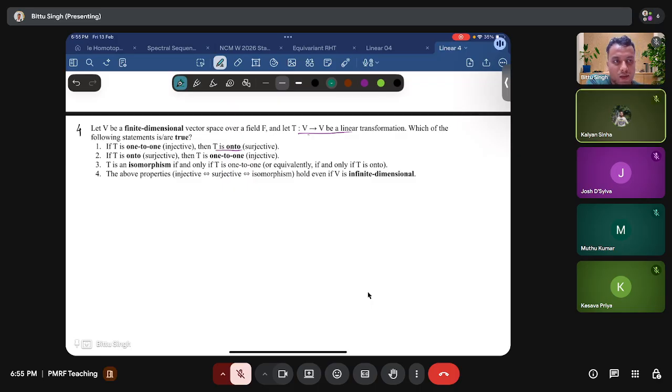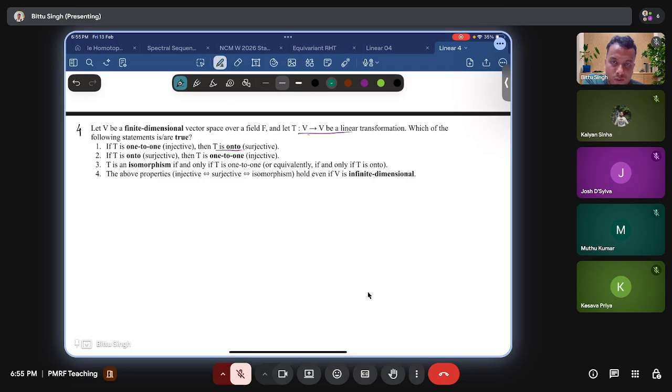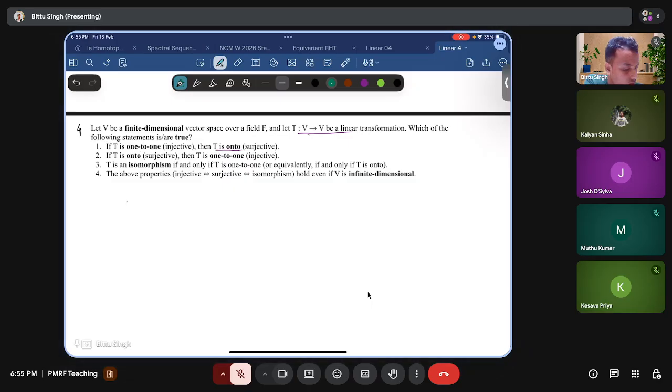So for finite dimensional, which theorem will you use in this case? You use the rank nullity theorem, right? So here it is 1-1, therefore nullity is 0. So rank plus nullity is the same as the dimension of the vector space.